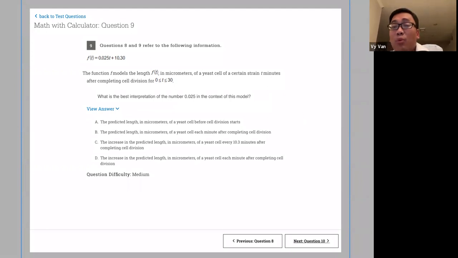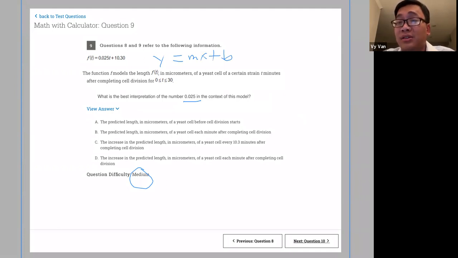Next one, what is the best interpretation of 0.025? So this question is medium. They're asking for the meaning of the slope right here. As you notice, this is in the format of y equals mx plus b as well, and 0.025 is the slope in this context.